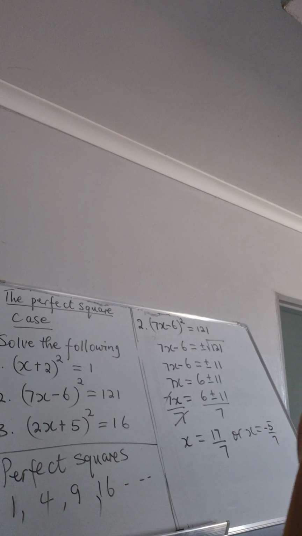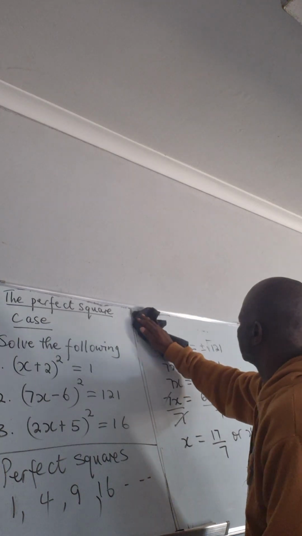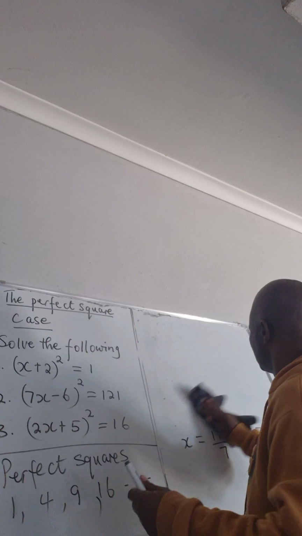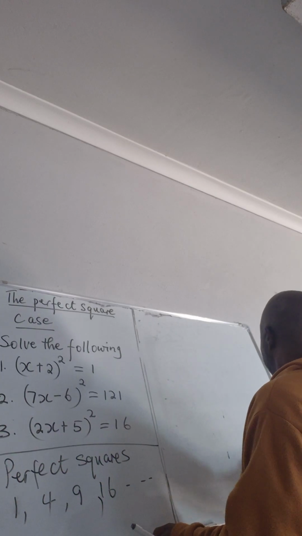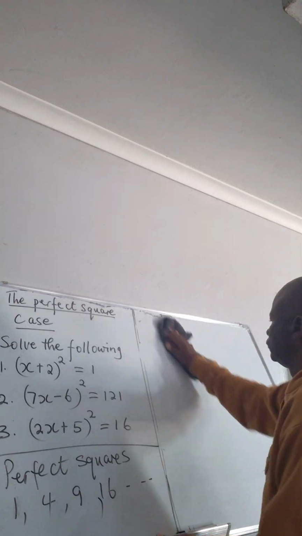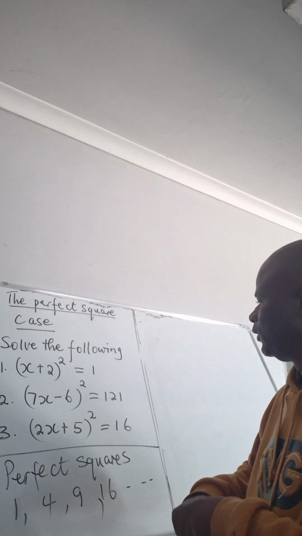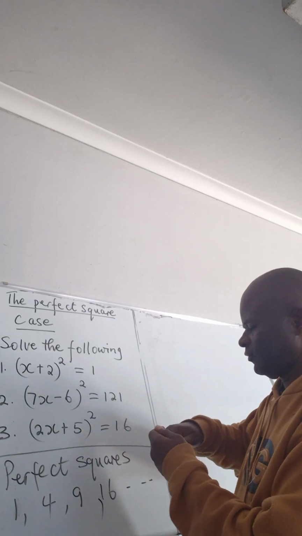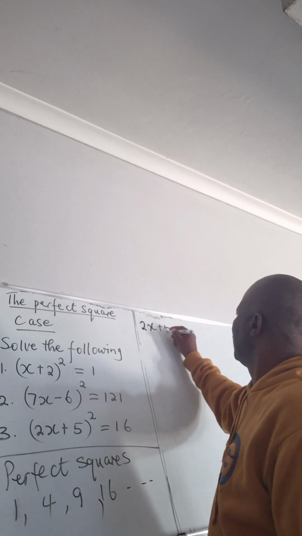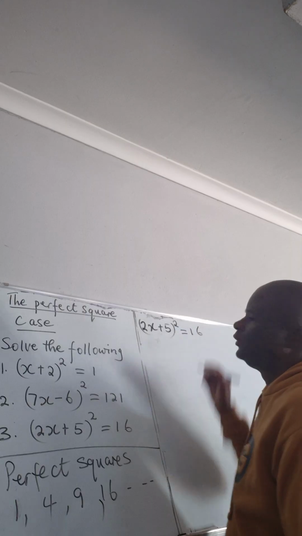Then my third example is (2x plus 5) squared is equal to 16.